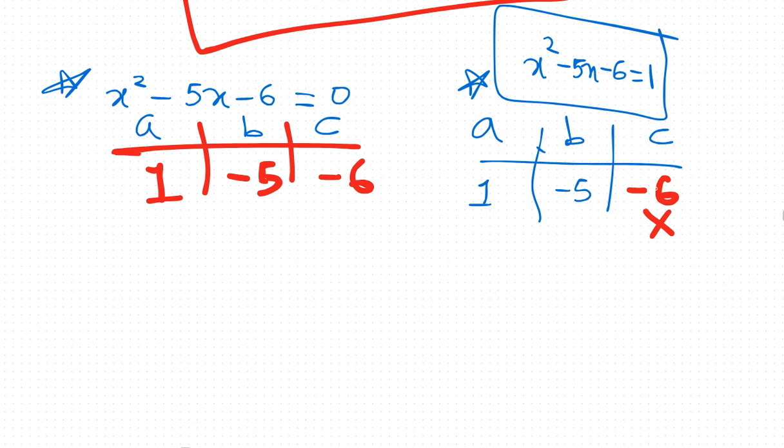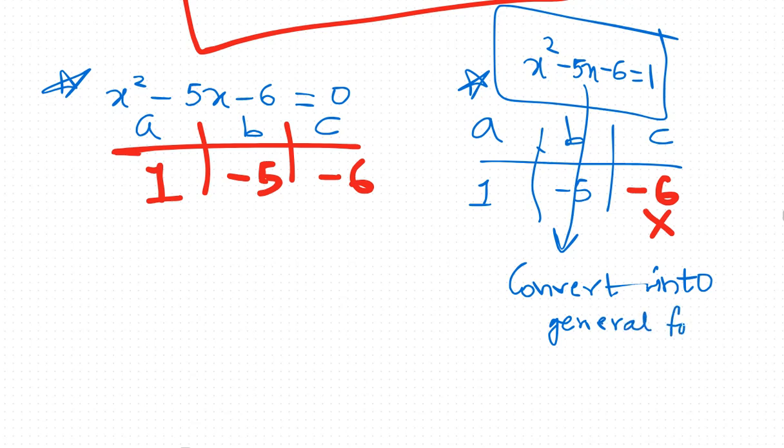See, the value of C is constant. You have to first convert this into general form. General form means all terms are together on one side, and the other side becomes 0. Convert into general form.